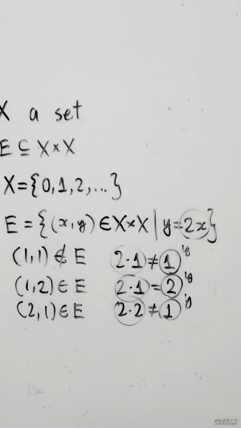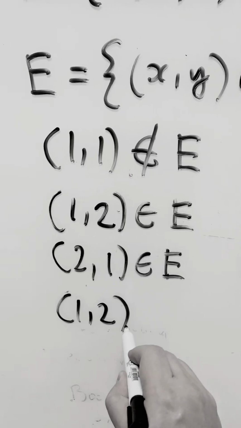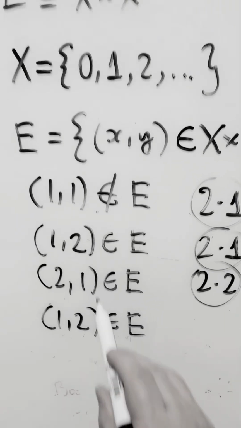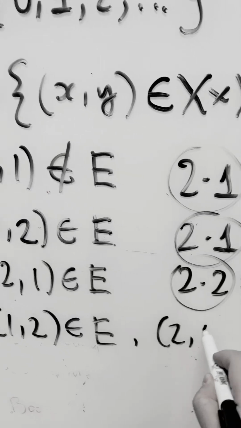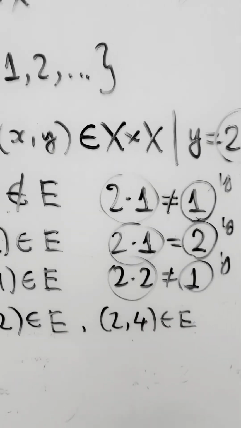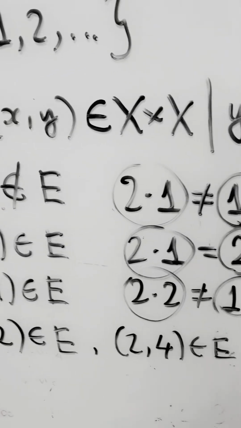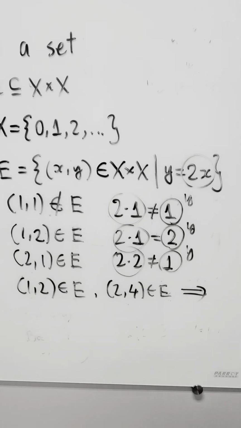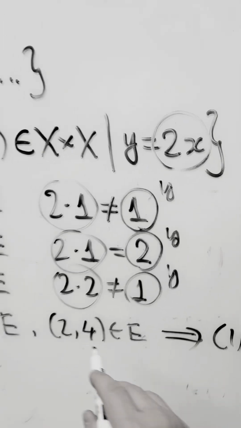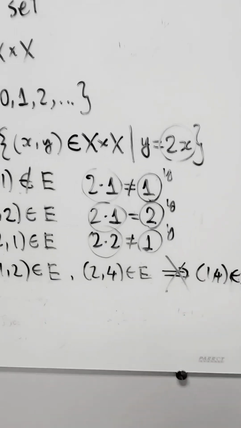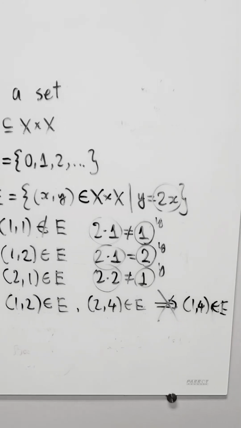Neither is this relation transitive. Why isn't it? While 1, 2 is in E, as we have already confirmed, and for similar reasons, 2, 4 is in E as well, because 4 equals 2 times 2, 1, 4 isn't in E. Rather, these two things being in E does not imply 1, 4 being in E. Hence, transitivity breaks.